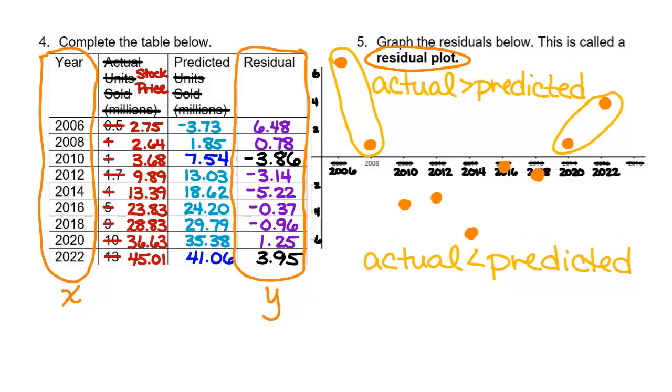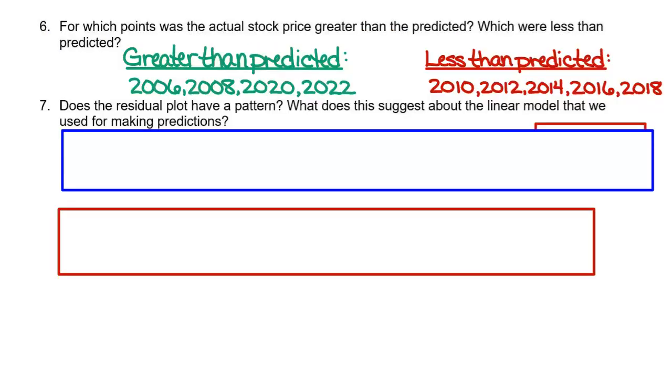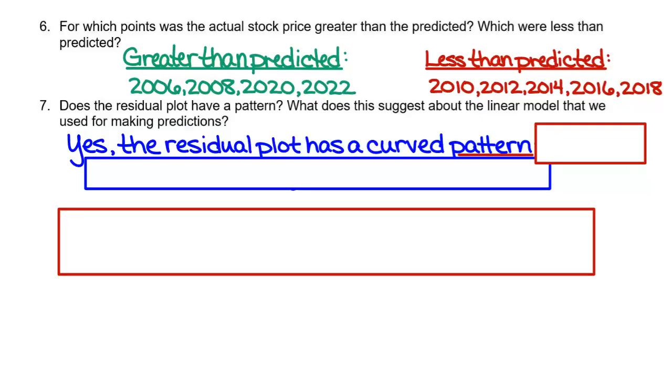Do you guys notice any kind of a pattern in those residuals? What'd you say? It's got a U shape to it. Absolutely. The residual plot has a curved pattern. It's got a U shape.